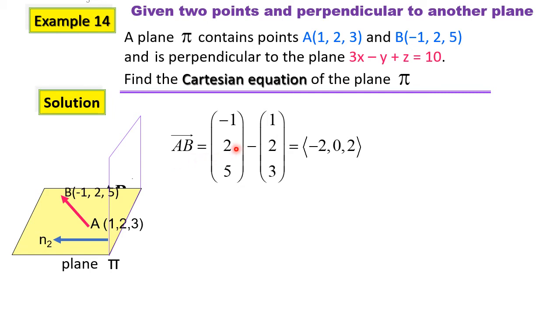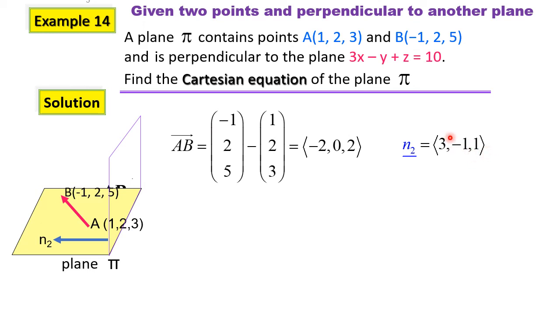So as you can see here, we find vector AB. OB minus OA, so we got (-2, 0, 2). Then from the other plane, we got n2, that is (3, -1, 1).